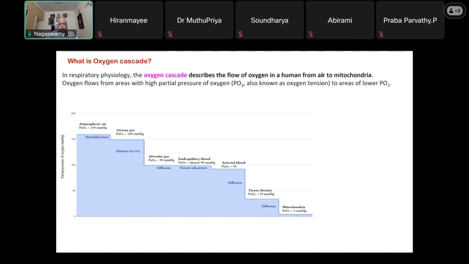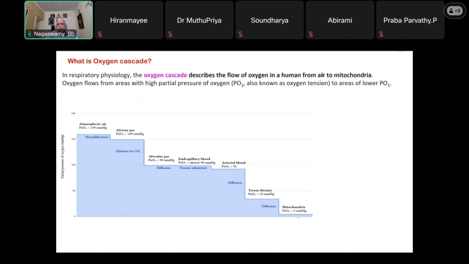And then at the end capillary, arterial blood, it comes to 92. Then as it diffuses at the tissue level, it goes to 33. And at the mitochondrial level, it comes to 5 millimeters of mercury. The way it travels is all by diffusion, and with venous admixture it gets reduced.